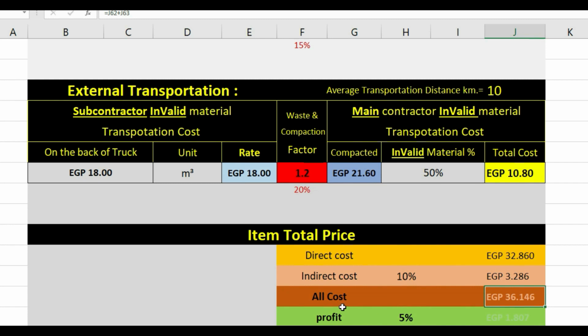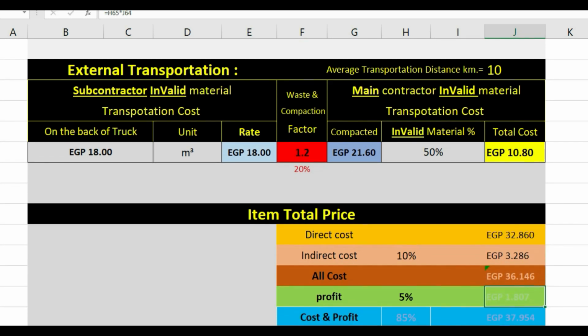Total cost or all cost for direct and indirect will equal the sum of those numbers, equal 32.86 plus 3.286 equal 36.146. This is the all cost, direct and indirect.